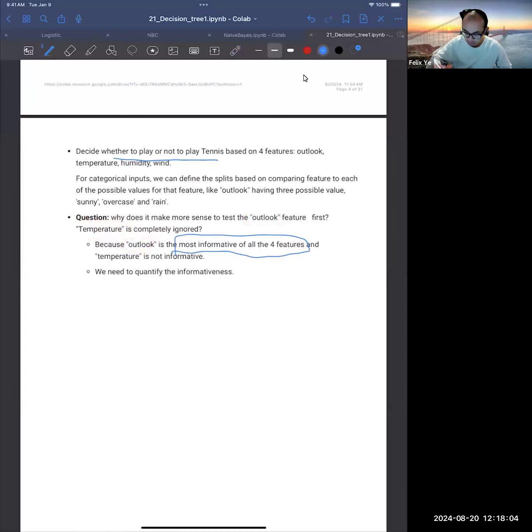And the temperature is not informative. I keep saying this word informative, so that means we need to quantify this informativeness mathematically. What do I mean by this feature is more informative and another feature is not informative at all? If we can understand this, then we can construct the decision trees.